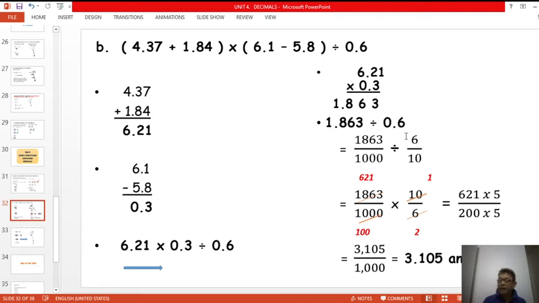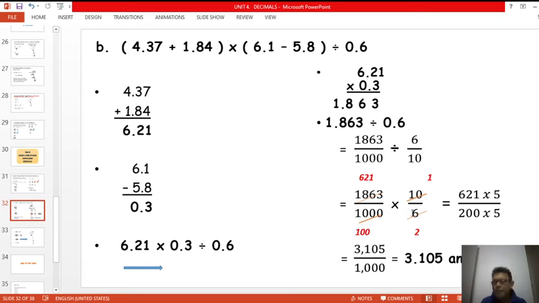Okay, so then after that, just copy your dividend, 1863 over 1000. Change this division operation into multiplication and use the reciprocal. So after that, we can do cancellation again. So 10 can cancel out, becomes 1, and here 1000 becomes 100.